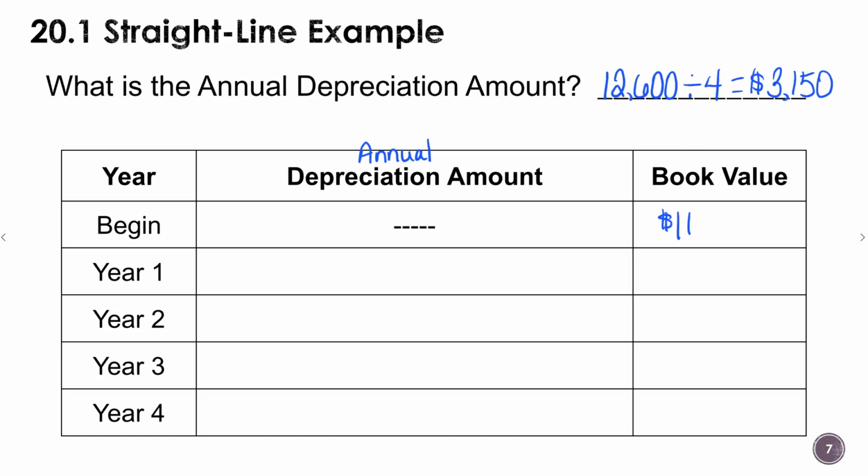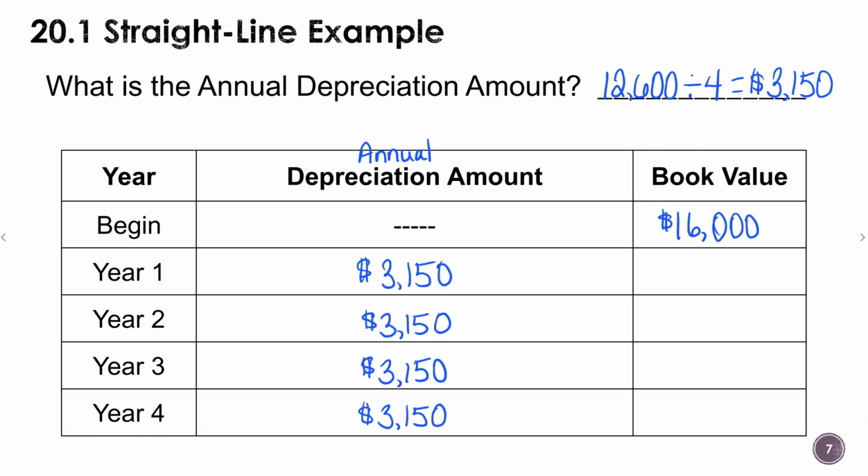The book value is $16,000, and then we're going to depreciate the same amount each year, so we simply write $3,150 on each year. This is how much we depreciate as we work our way down the chart. And that's one of the reasons why it's the easiest.